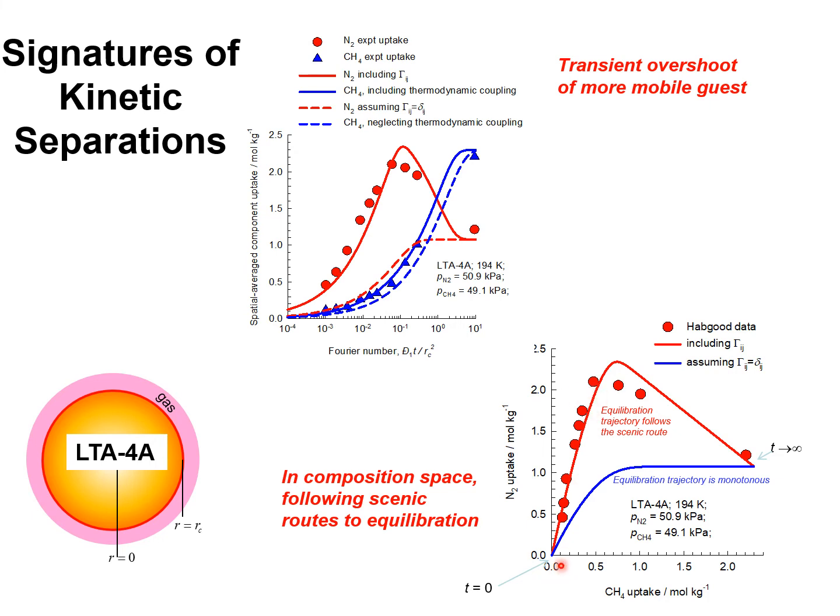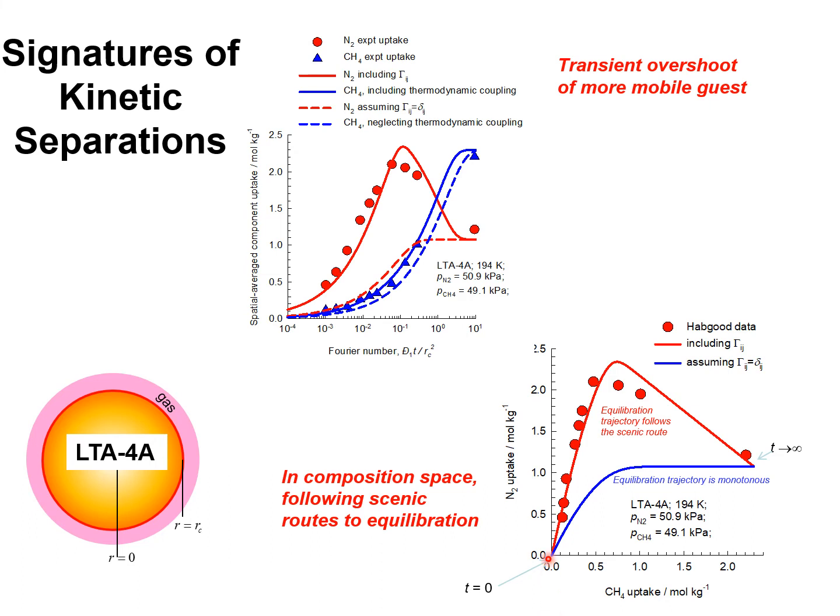On the other hand, if thermodynamic coupling effects are ignored, the equilibration trajectory follows a monotonic path to equilibrium, in quantitative and qualitative disagreement with the Habgood experiments.